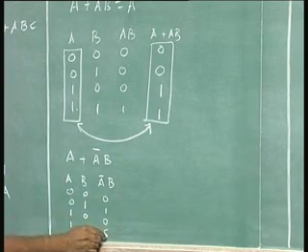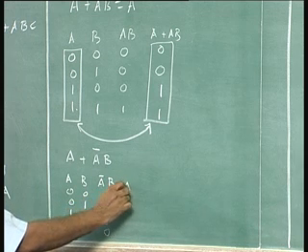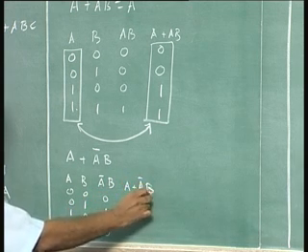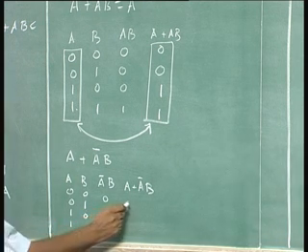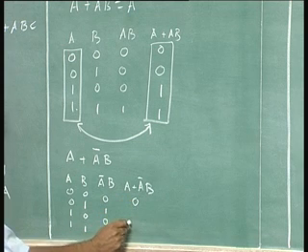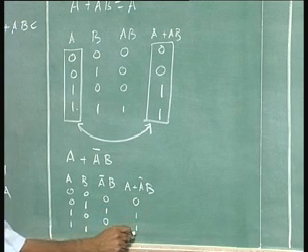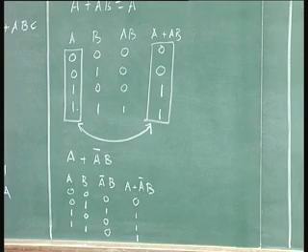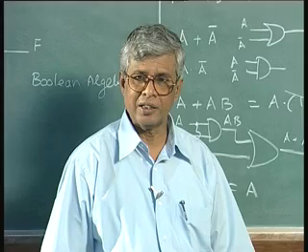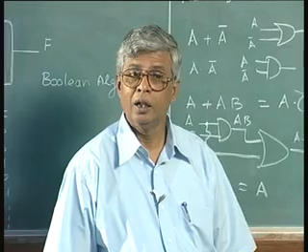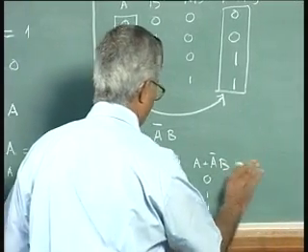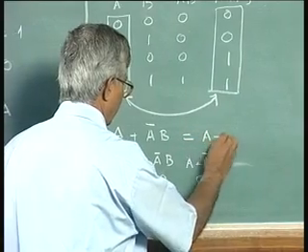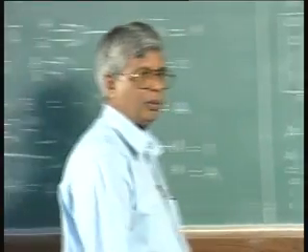Now, I am going to combine this with A. Suppose I combine this with A OR NOT A AND B, then this will be 0, 1, 1, 1. Is that right? Which is same as A OR B, or A plus B. If you want to call it A plus B, no problem for me. So, this is another simplification possible.